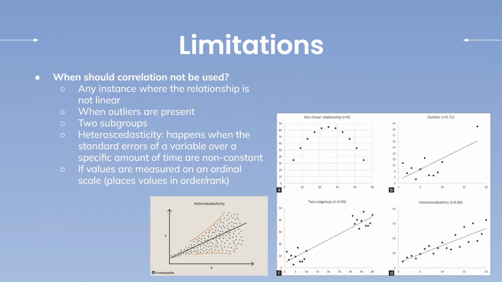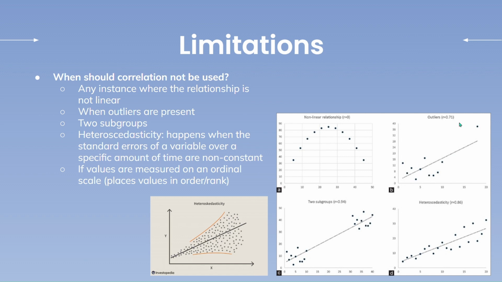So at times when a correlation should not be used would be any instance where the relationship is not linear. When outliers are present, they also should not be used. As depicted in these charts, a parabola is caused with the nonlinear relationship, and then over here there are too many outliers to really have a solid prediction, making this line of best fit not as effective.